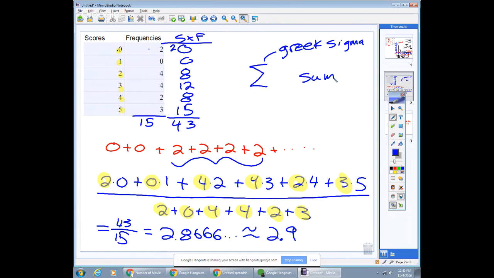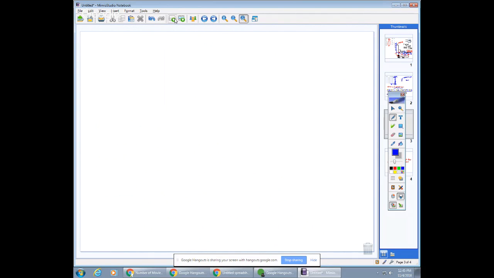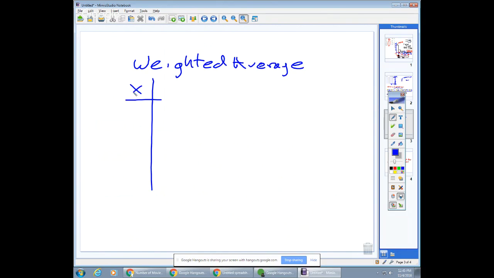Okay. So I'm gonna use that to write the weighted average formula in just a slightly different way, just because this is a math literacy class. That means we have to use some math symbols occasionally. Often you'll have a table and the scores, they might not be scores, they might be weights, they might be temperatures.